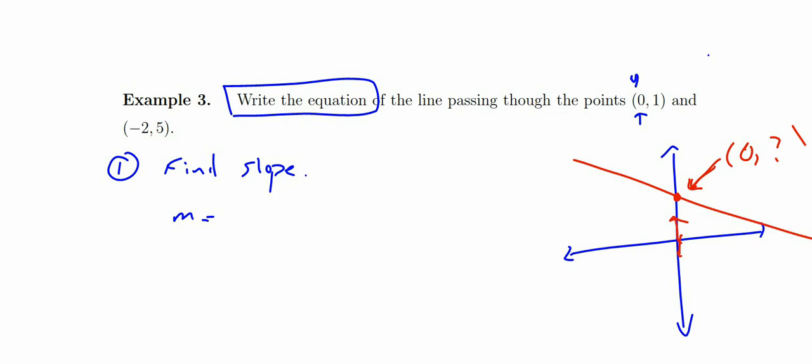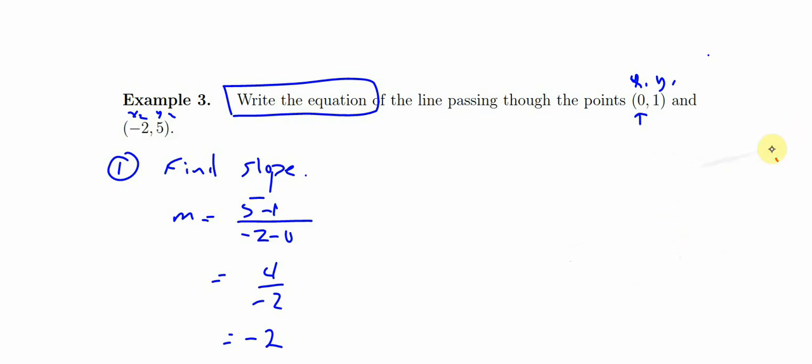I'm going to call this x1, y1, and this one x2, y2. So y2 minus y1 over x2 minus x1. That's going to be 4 over negative 2, which is going to be negative 2. So now I have the slope.